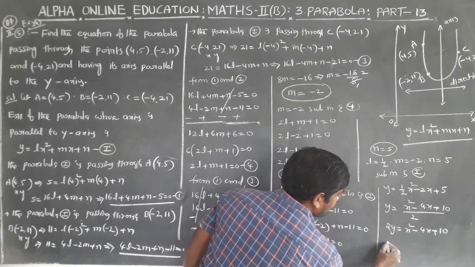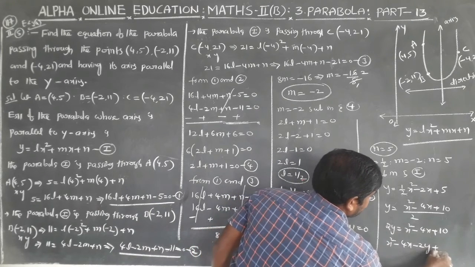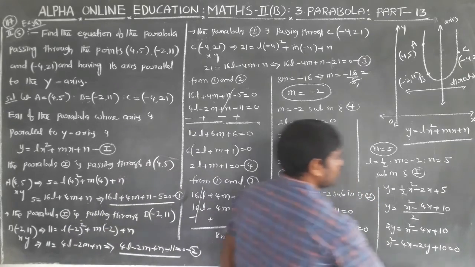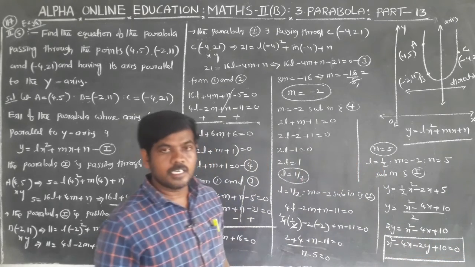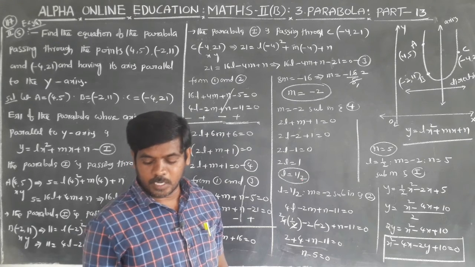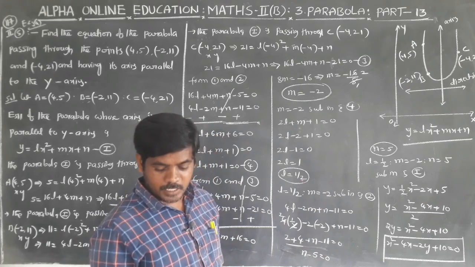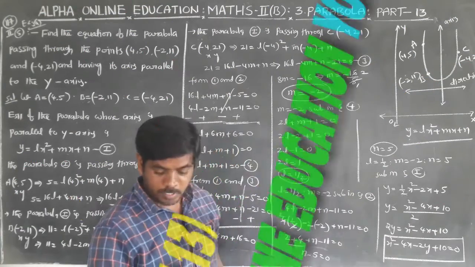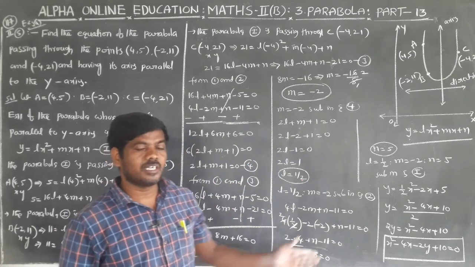Taking 2y to the right side, x square minus 4x minus 2y plus 10 is equal to 0. This is the required equation of the parabola whose axis is parallel to the y-axis. The equation of the parabola passing through the 3 points and whose axis is parallel to the y-axis is x square minus 4x minus 2y plus 10 is equal to 0. This is the answer.